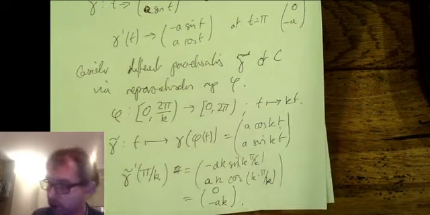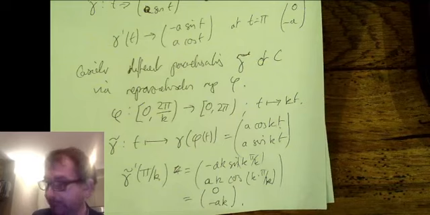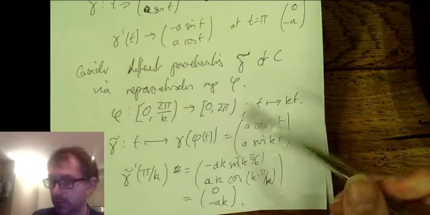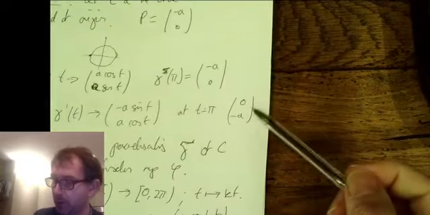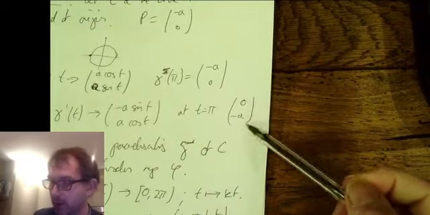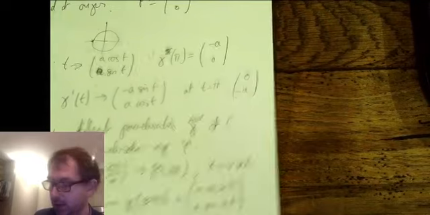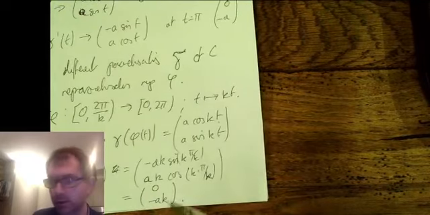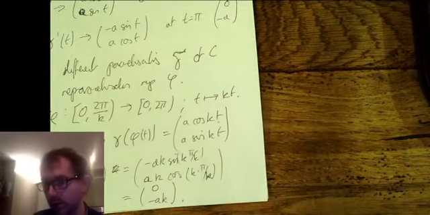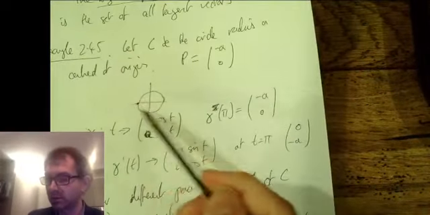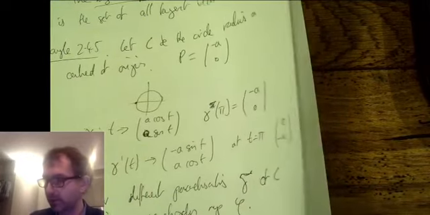So by choosing k to be any number I like, I can arrange that I scale the velocity vector that I got here, (0, -a), by any scalar. So I can get anything I want along the line which is tangent to that point.